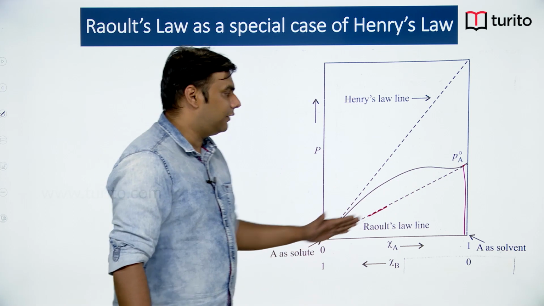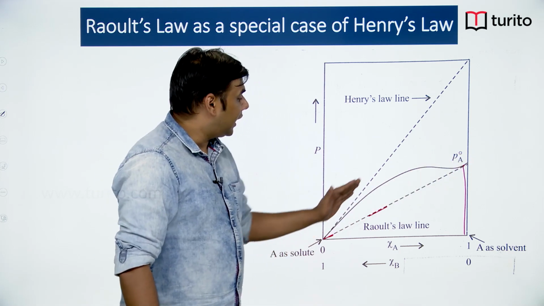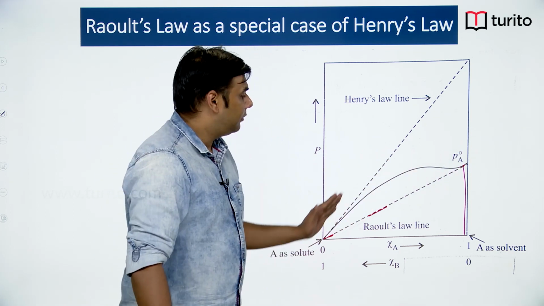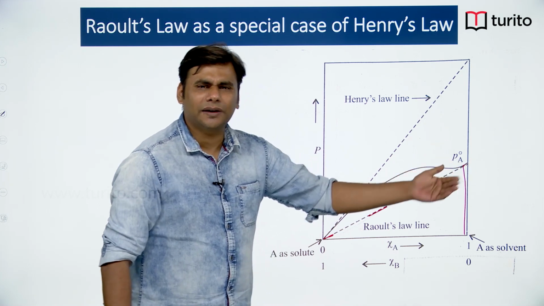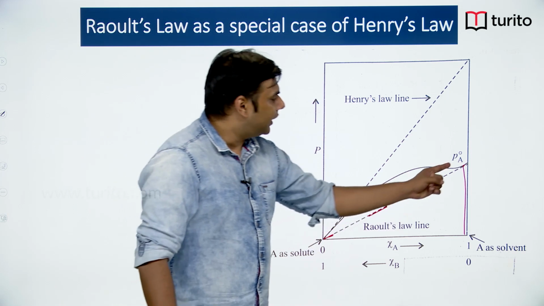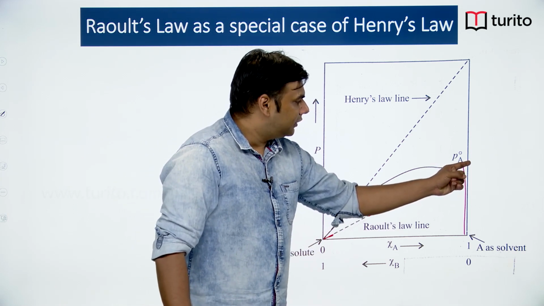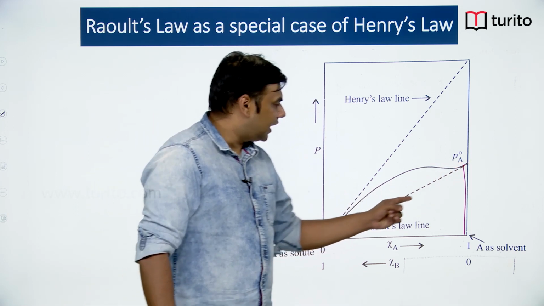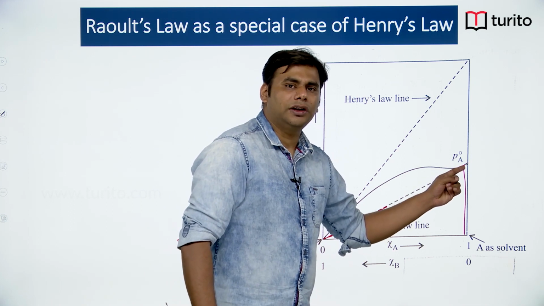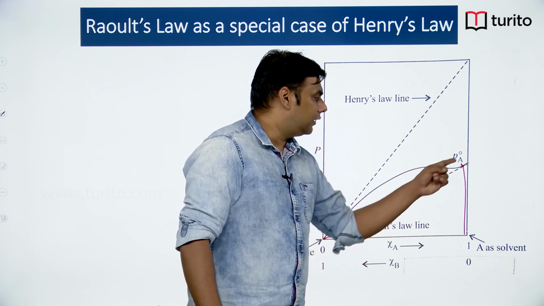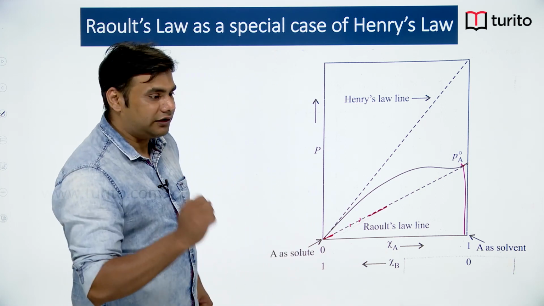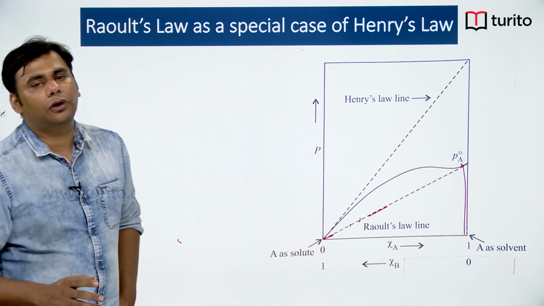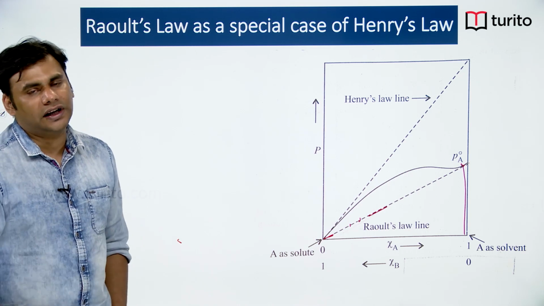I have already told you this was a graph of a real solution. But when the solution is highly dilute, that means a very small amount of solute is there. At this point you can see that this is your Raoult's line, which is tangentially approaching the curve of the total pressure of the real solution. So we say that when a solution is very dilute, Raoult's law will be obeyed because the solution behaves ideally.